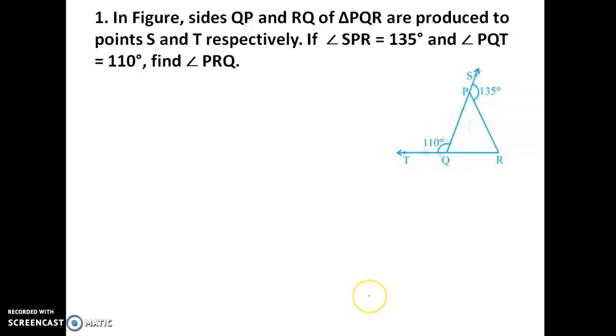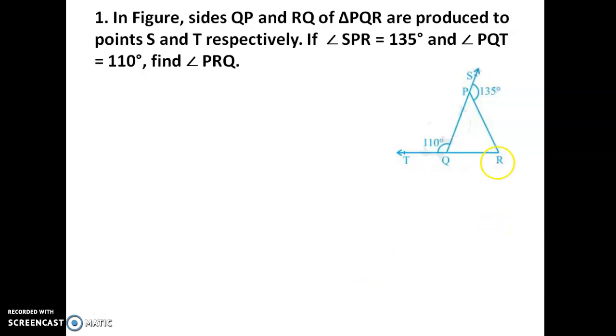First problem: in figure, sides PQ and RQ of triangle PQR are produced to points S and T respectively. If angle SPR equal to 135 degrees and angle PQT equal to 110 degrees, find PRQ.